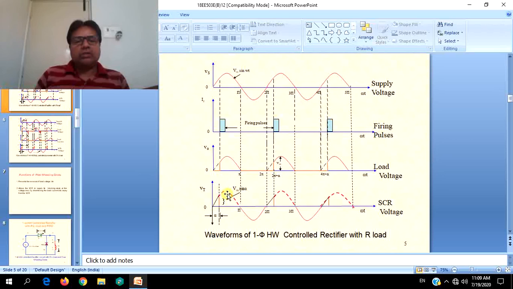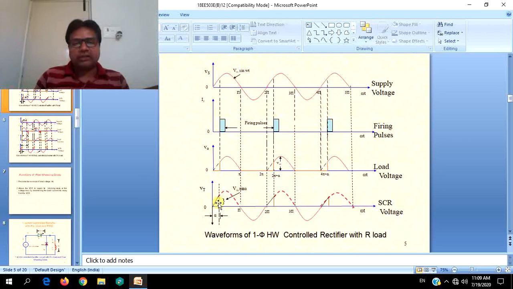No voltage will be across it, so the SCR voltage becomes 0 till pi, and in the negative half cycle full voltage will be blocked in the reverse.